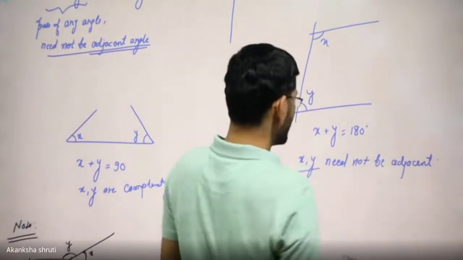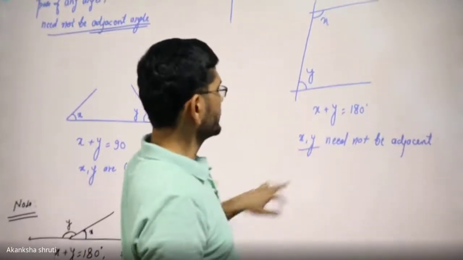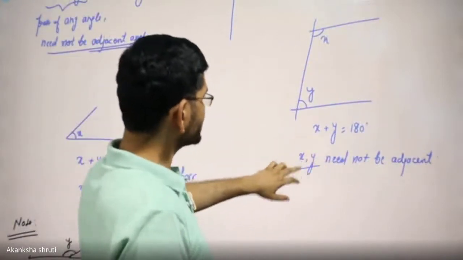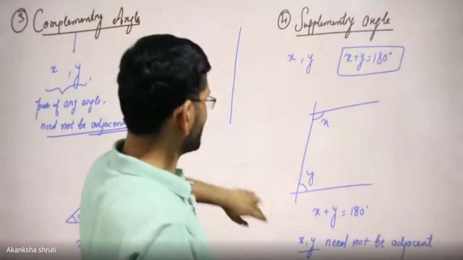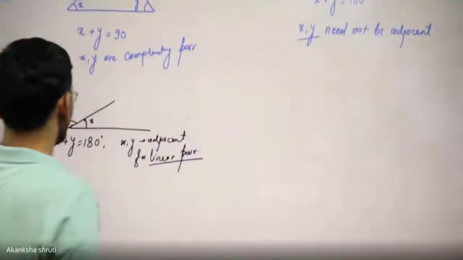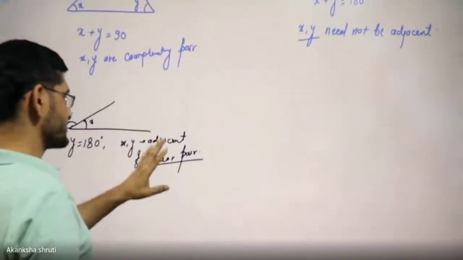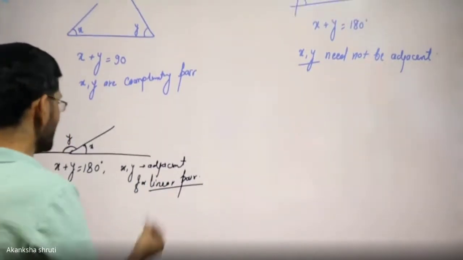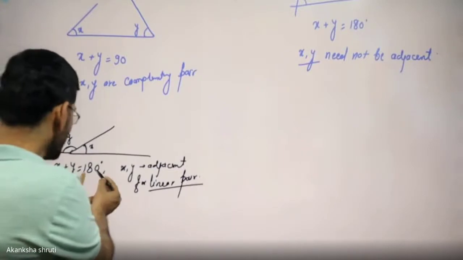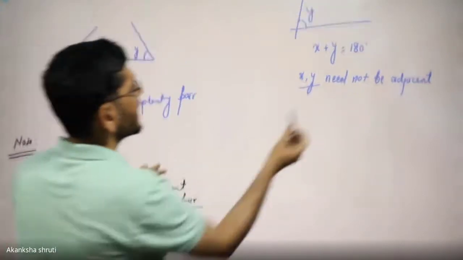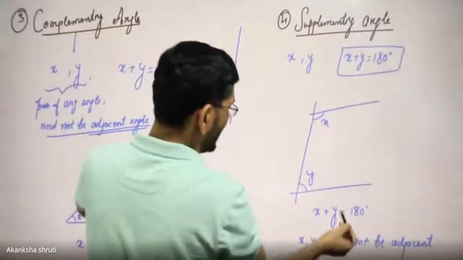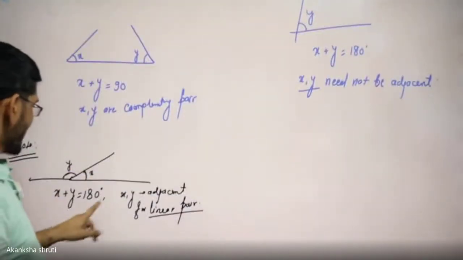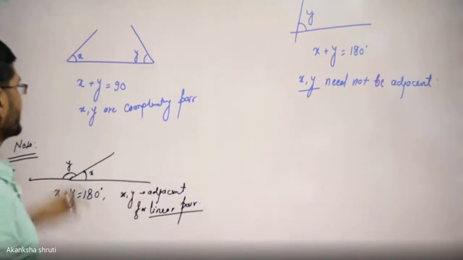So such a pair whose sum is 180 but they are not adjacent, then they are called supplementary angles. But please note that this supplementary angle is different from the linear pair. In linear pair, the sum is 180, like in the case of supplementary angles, but it should be adjacent in a linear pair.